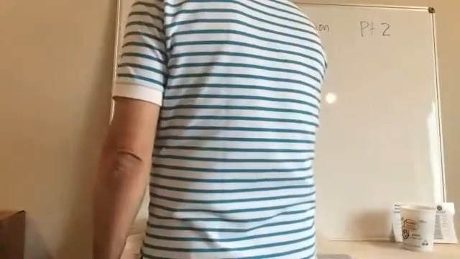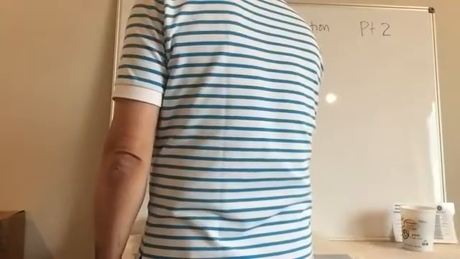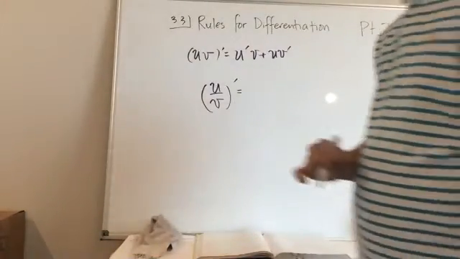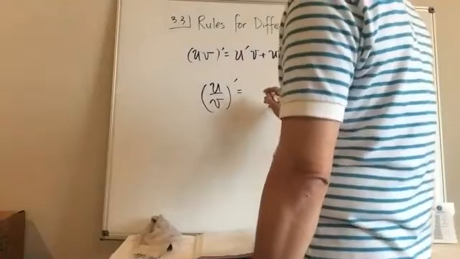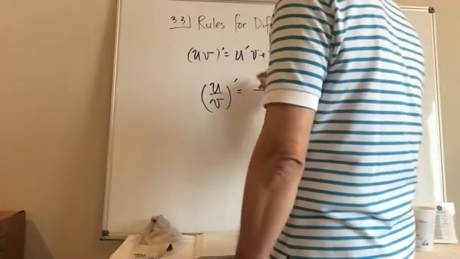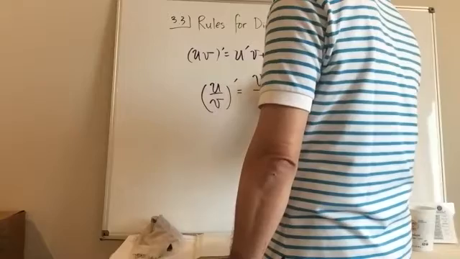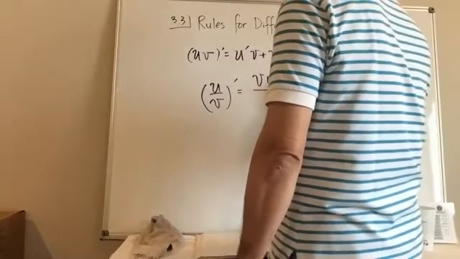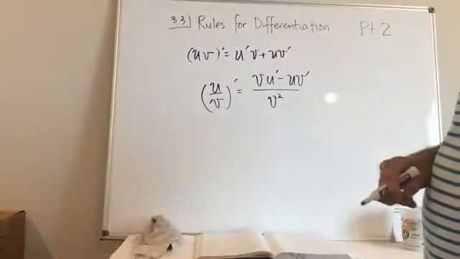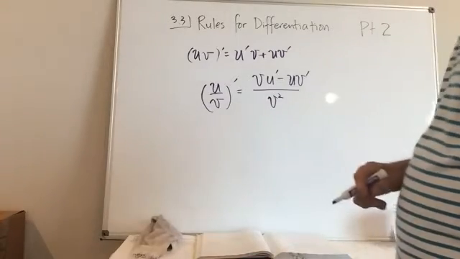Now the question is, what happens when you're trying to take the quotient? When you take the quotient, this one is just a little iffy. So we're gonna get v squared over vu prime minus uv prime, okay? Now there are several things that can go wrong here.